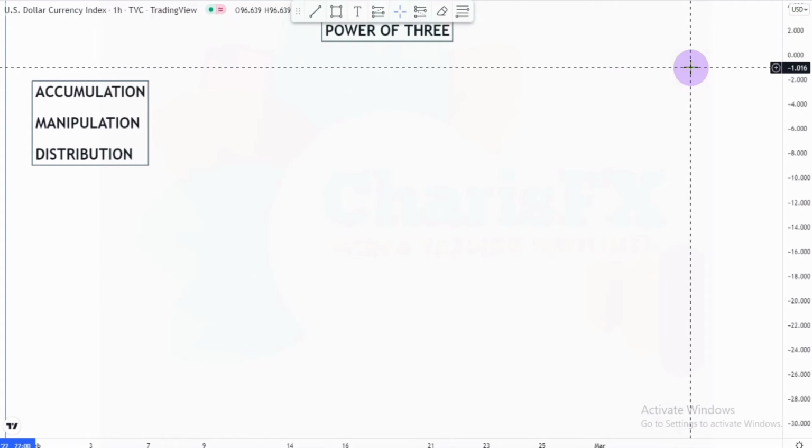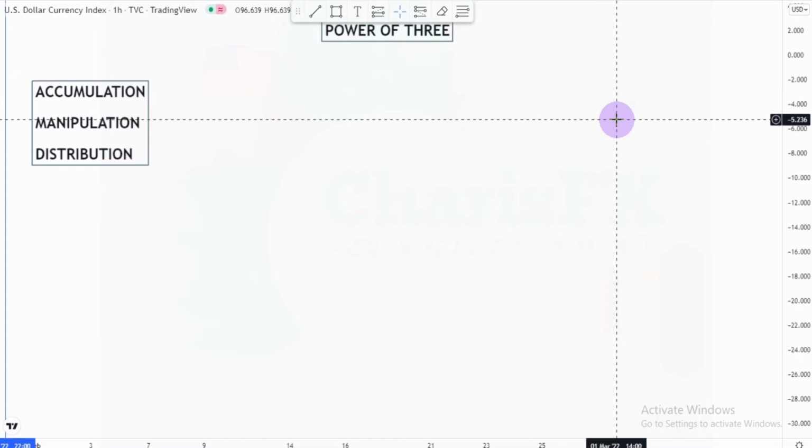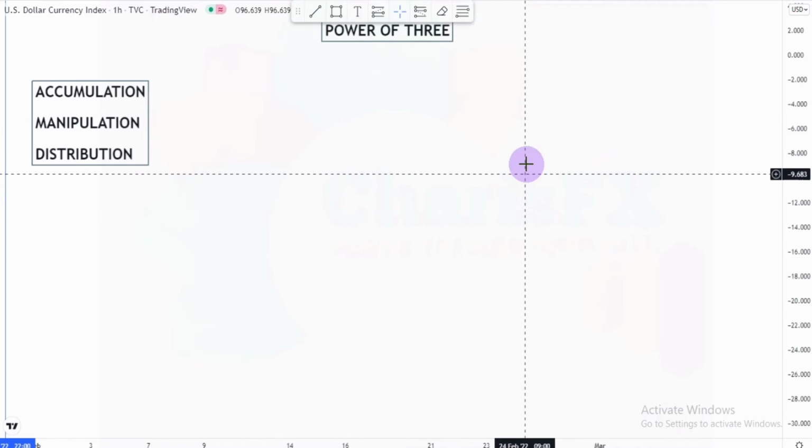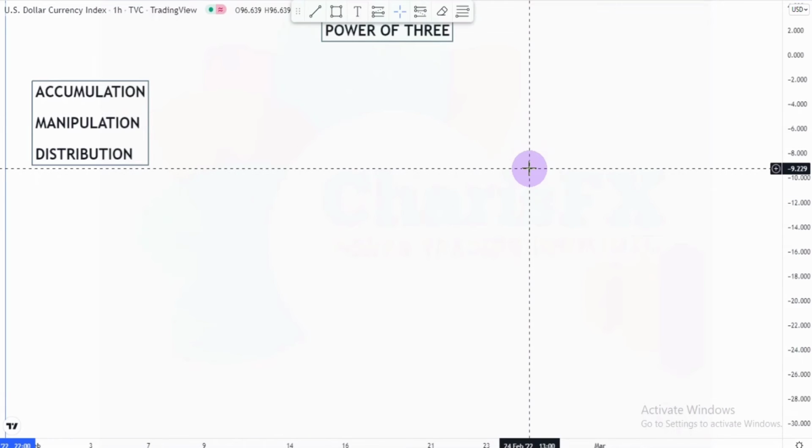But before the institutions distribute price, they will love to accumulate orders and then manipulate retail traders towards the opposite or wrong direction before they distribute price to deliver the weekly range.